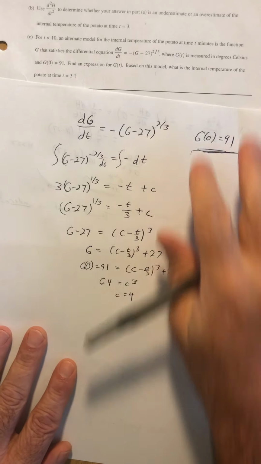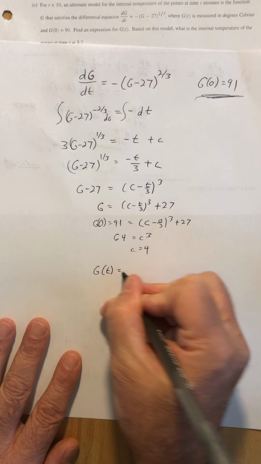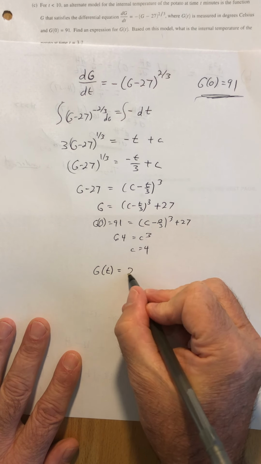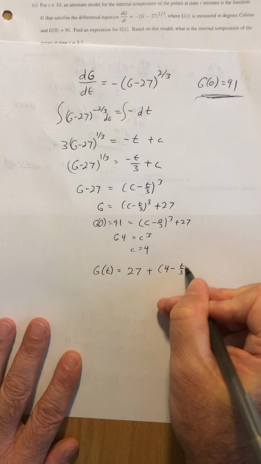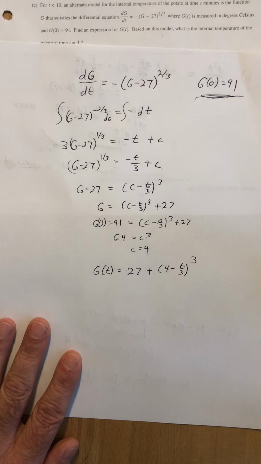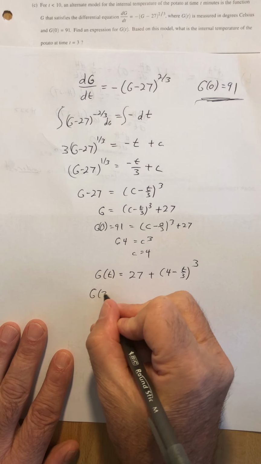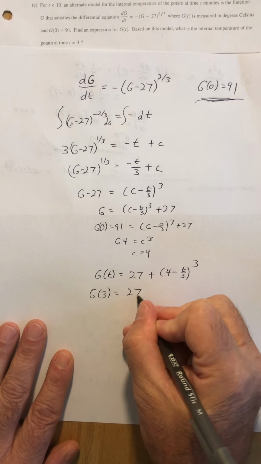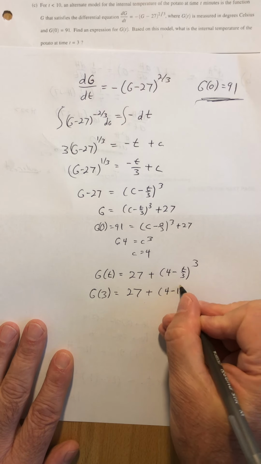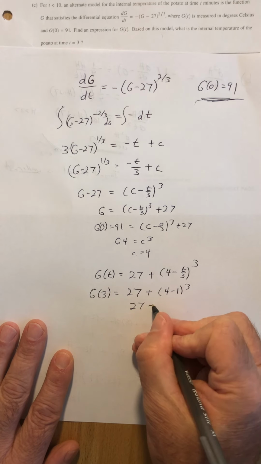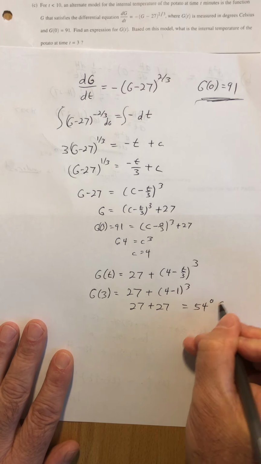So my final formula for g at any time t is going to be 27 plus 4 minus t over 3 cubed. And it finally asks us to find the temperature at 3 based on our equation. 27 plus 4 minus 1 cubed, that's going to be 27 plus 27, which is 54 degrees Celsius.